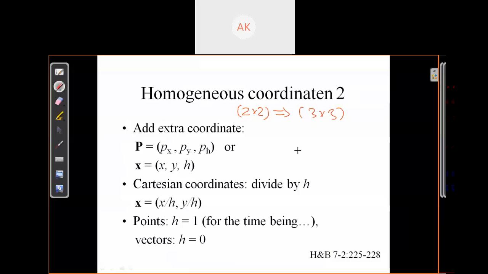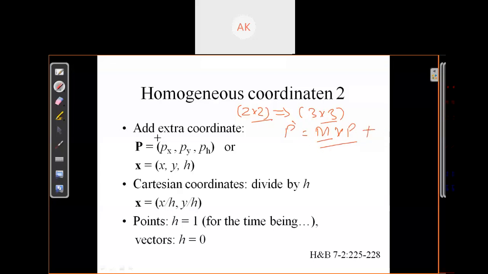Because this allows us to express all transformation equations in the form of matrix multiplication. Means when we change the size of the matrix, we can write all these transformation equations in the form M into P, where M is the multiplicative term. So it allows us to write all these equations in this form.